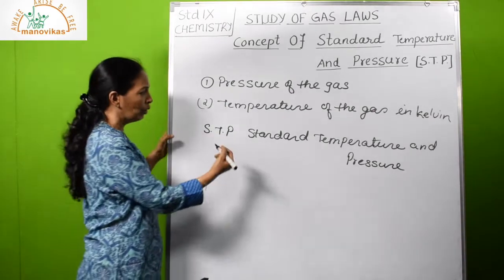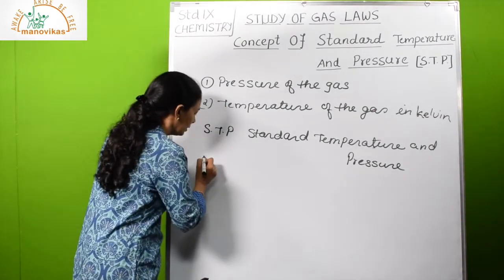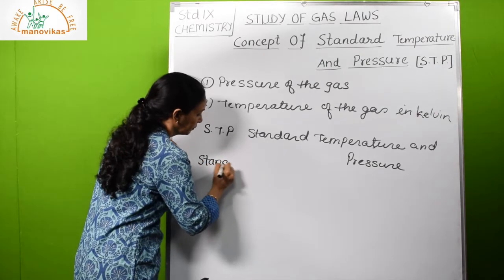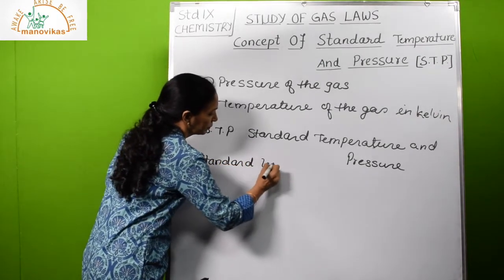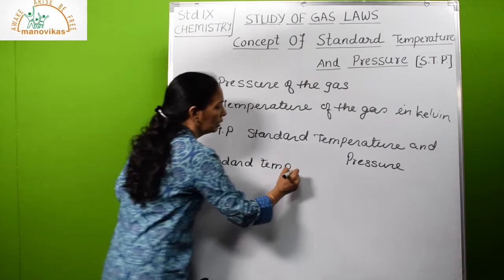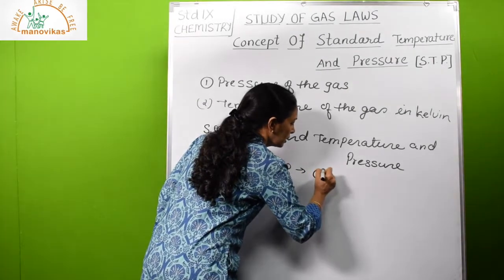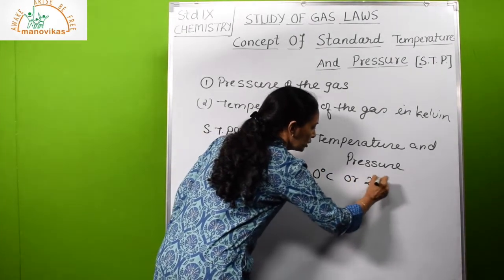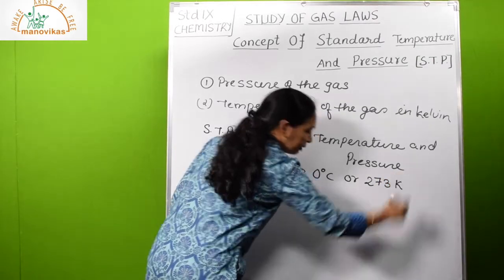So what is the value of standard temperature and pressure? Standard temperature is 0 degrees Celsius or 273 Kelvin.